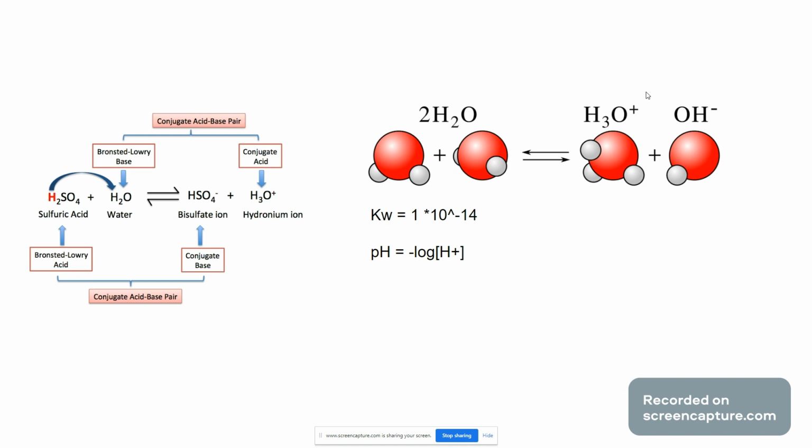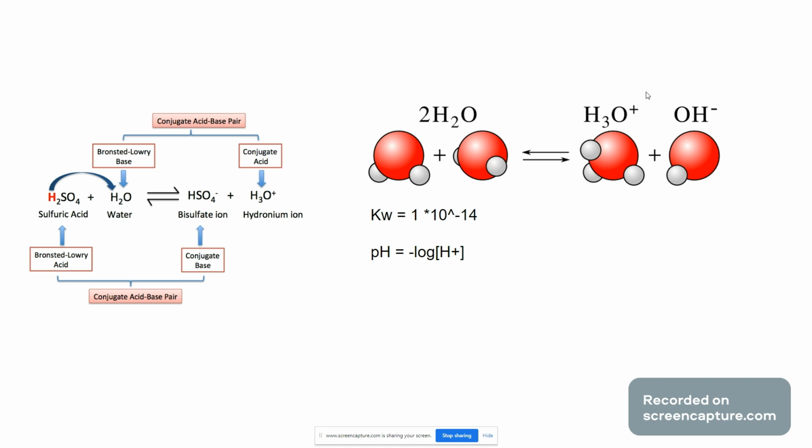In this case, the sulfuric acid would be the acid, the water would be the base, the HSO4 minus would be the conjugate base, and the hydronium ion will be the conjugate acid. An important thing to remember is that the stronger an acid or base is, the weaker its conjugate will be, and the weaker an acid or base is, the stronger its conjugate will be.